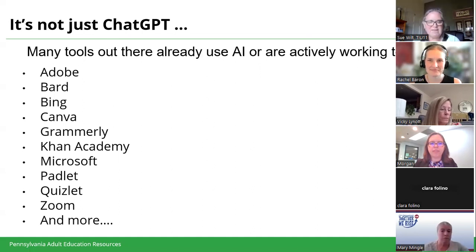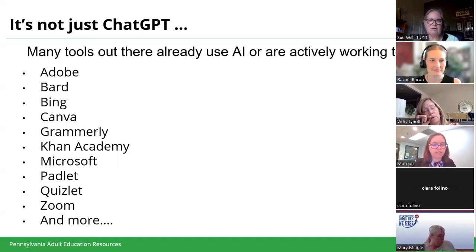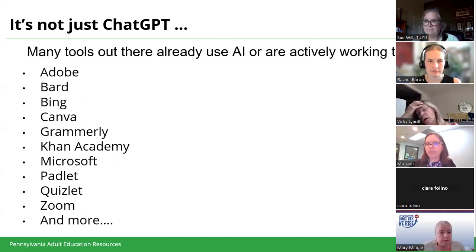Cell phones and social media have come on board and become an everyday part of our lives. So it's a matter of looking at the positives that can come from this, but still understanding the risks or disadvantages. And so we're hoping this brings about an awareness for you of how you can actually use AI effectively in your teaching.